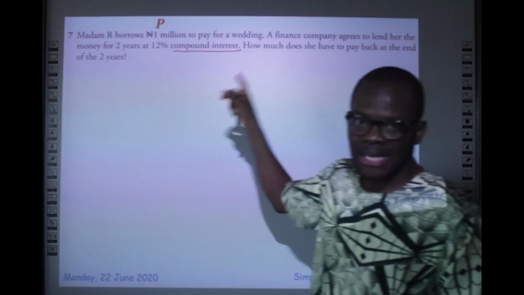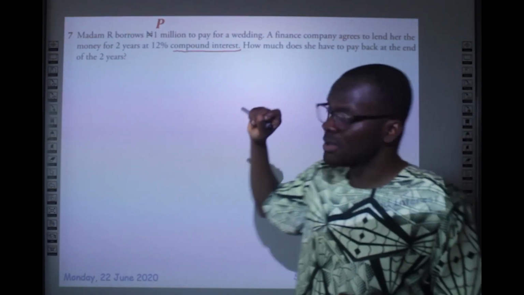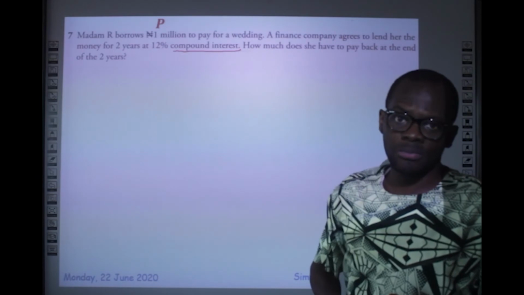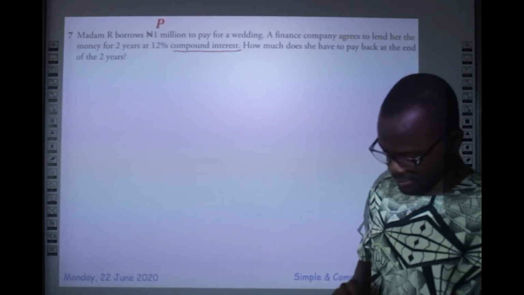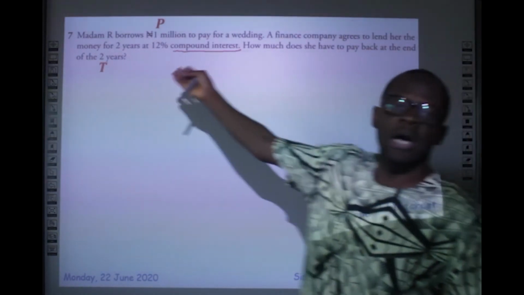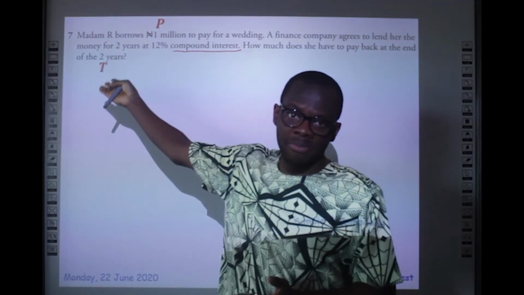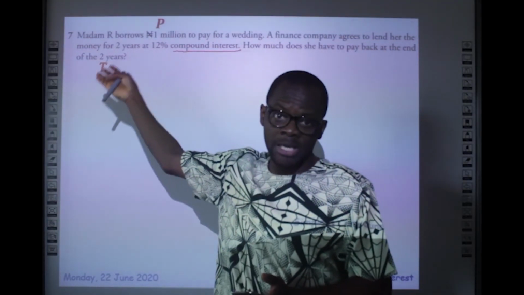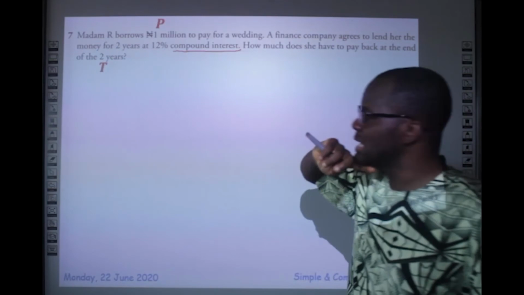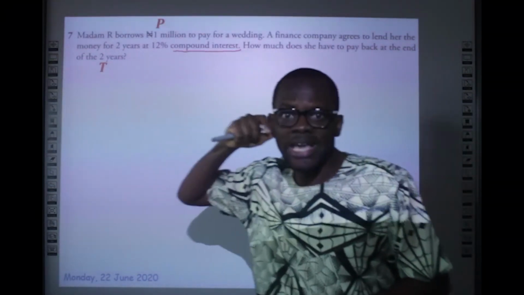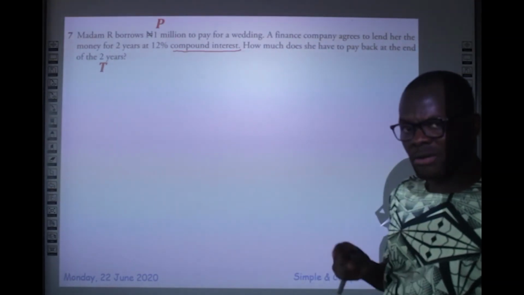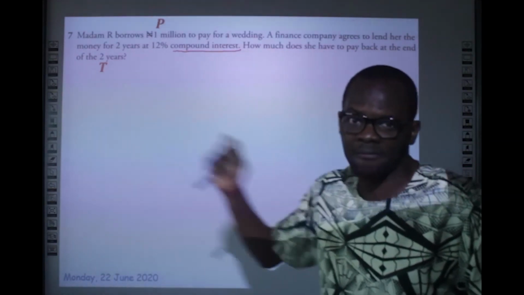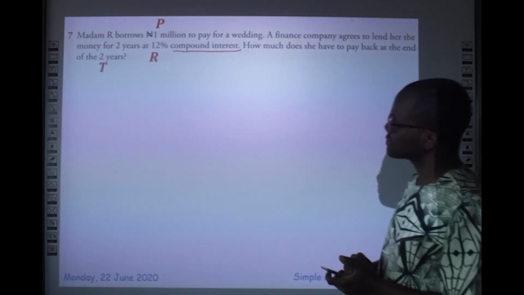So let's see, identify the variables you're given. We're given the principal, which is 1 million naira. And then the time, the amount is going to be borrowed, or the principal, I should say, is going to be borrowed for 2 years. They're going to pay back after 2 years. So let's calculate how much we pay back after 2 years.